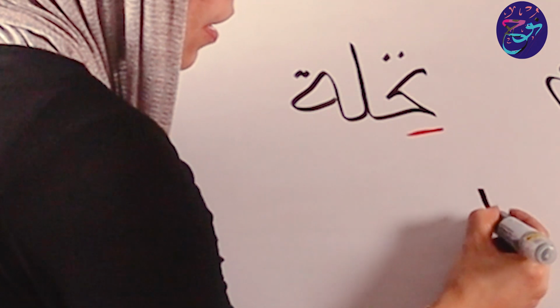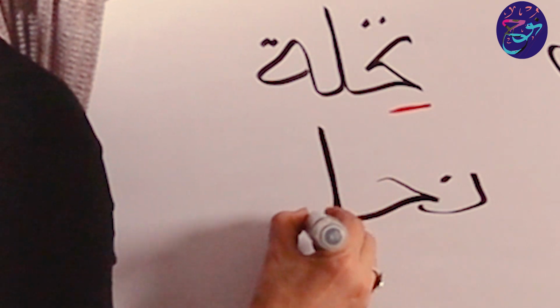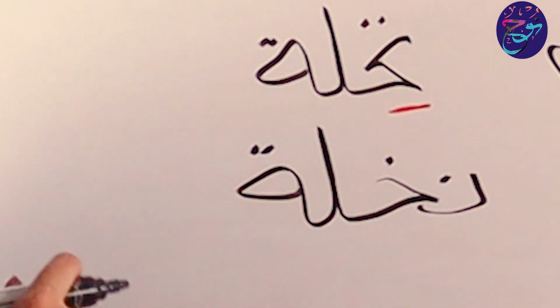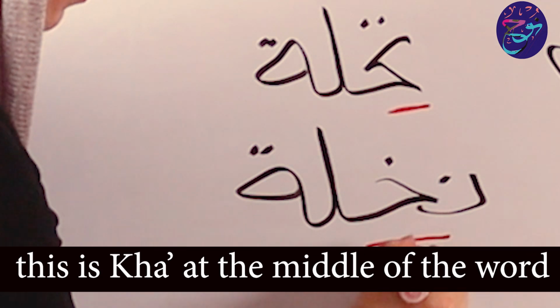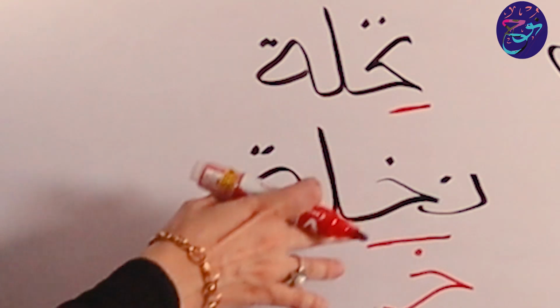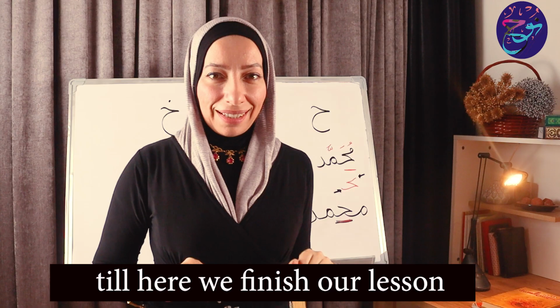I mean, this is noon, and this is kha. See, and lam and ta. So here's the kha at the middle of the word, like this. So either of those two ways is just a type of font.